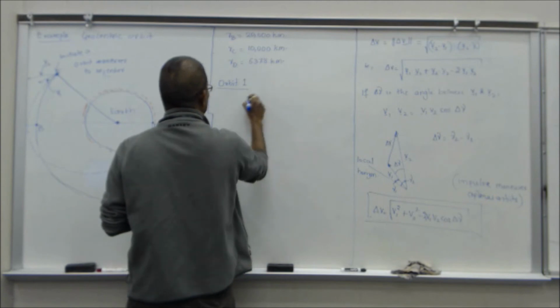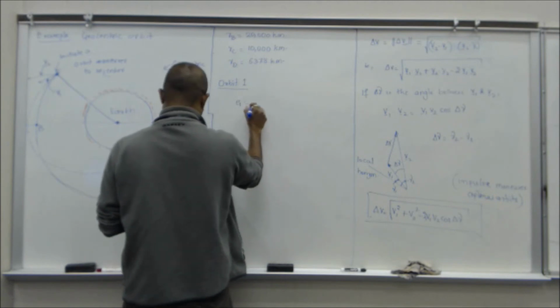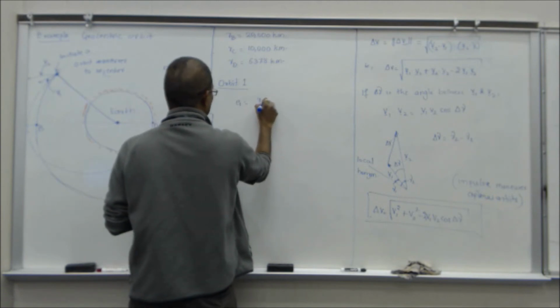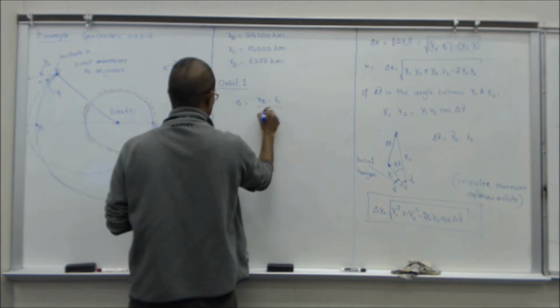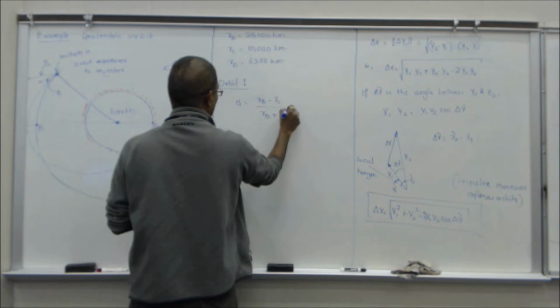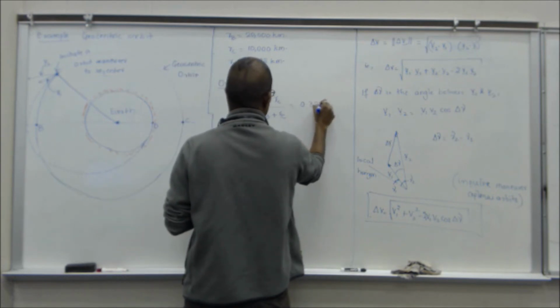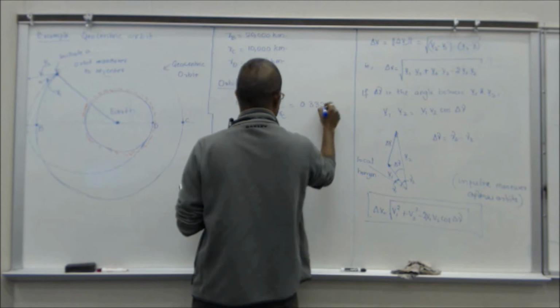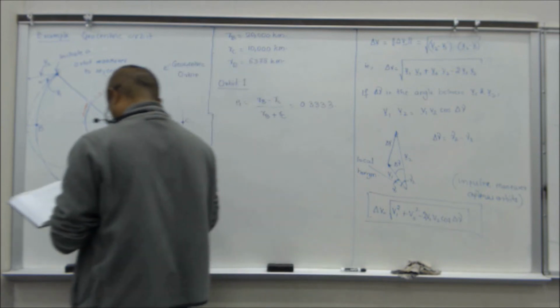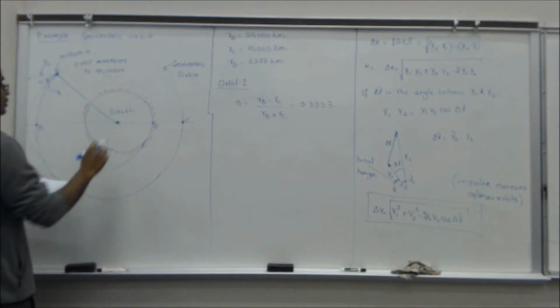Okay. E1 is equal to so let's identify the orbits.